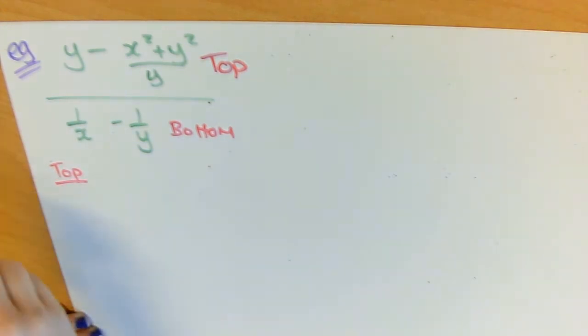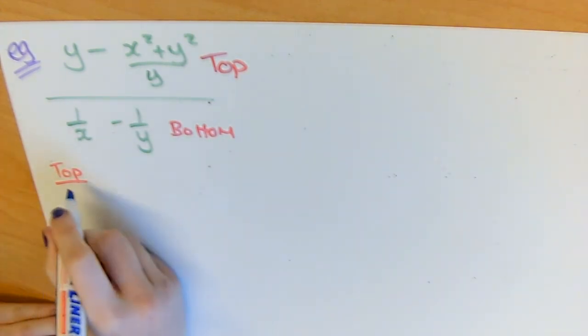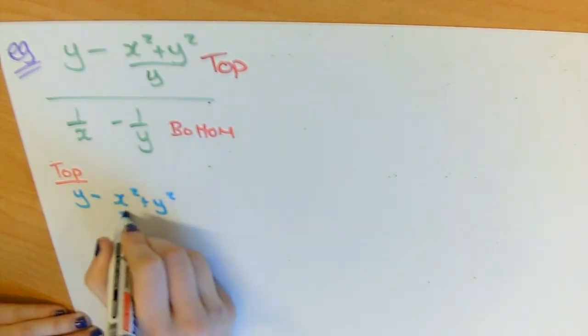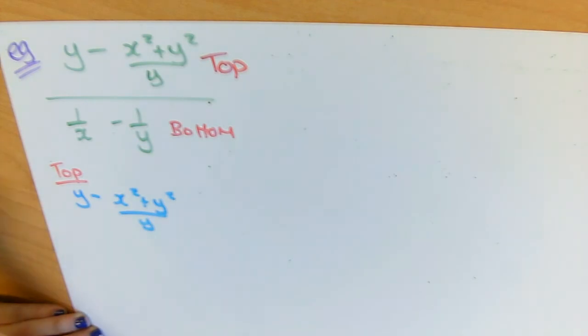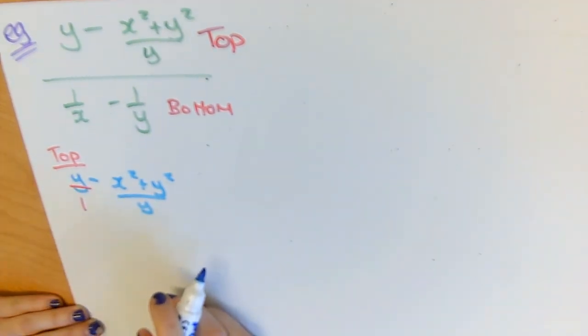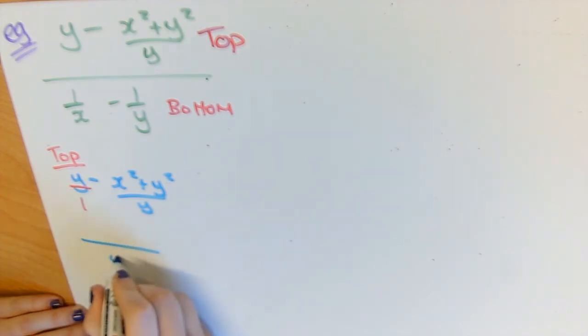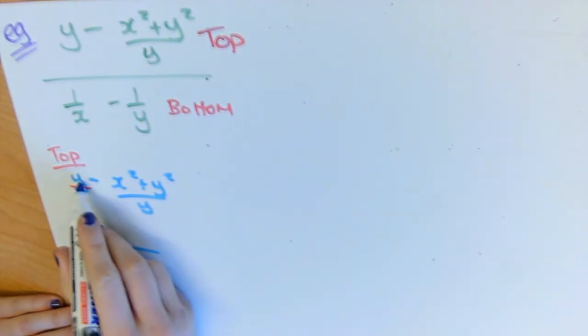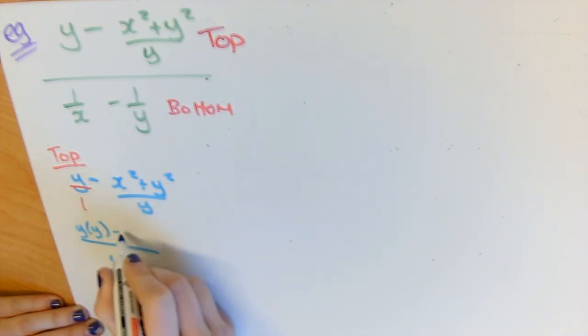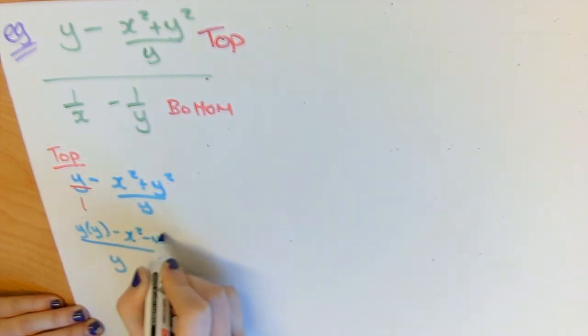okay, so the top is y minus x squared plus y squared all over y, which I'm going to put y over 1, okay, which means my common denominator here is really going to be y, which means I need to multiply the top of this guy by y. So I have y by y minus x squared minus y squared.